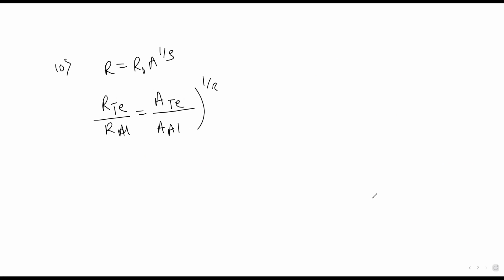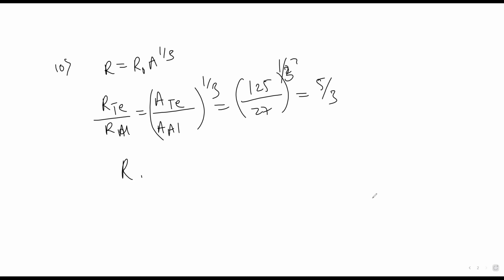So nuclear radii is given by R is equal to R naught A to the power of 1 by 3. A is the mass number. So therefore, radius of TE divided by radius of aluminum is equal to ATE divided by A aluminum whole to the power of 1 by 3. So this becomes 125 divided by 27 whole to the power of 1 by 3 is equal to 5 by 3, or radius of TE is equal to 5 by 3 into R aluminum.